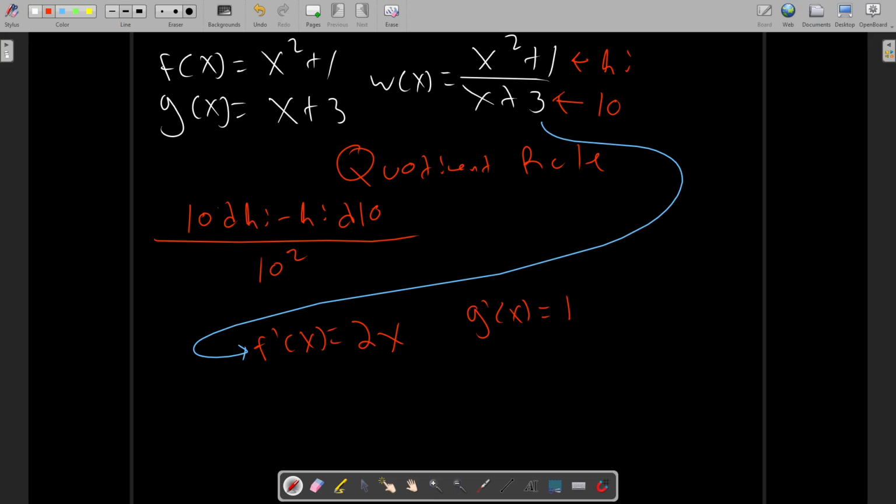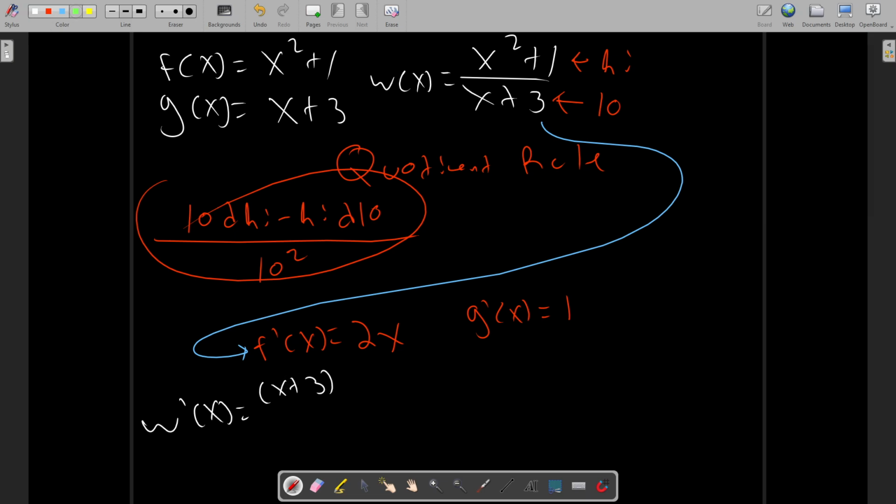So knowing that, how can we use this to find the derivative? Well, let's say that w prime of x equals low, which is x plus 3, times the derivative of high, which we found is 2x. So let me use red for that.